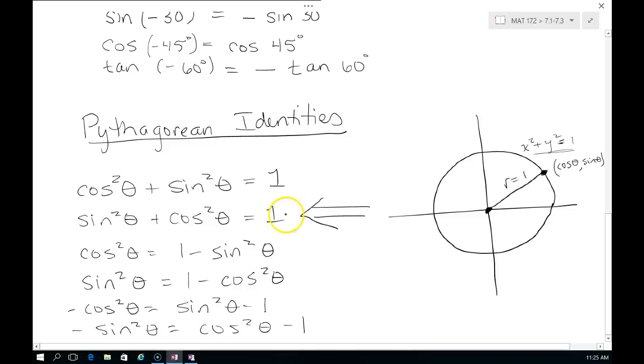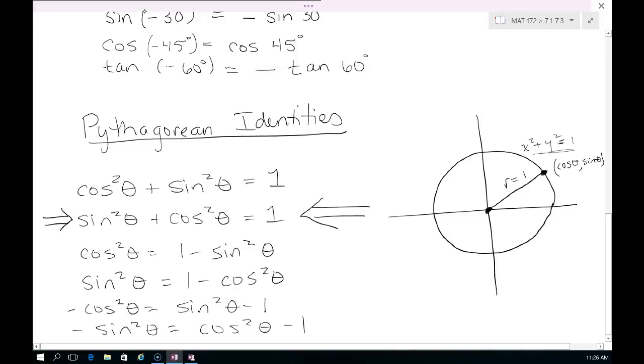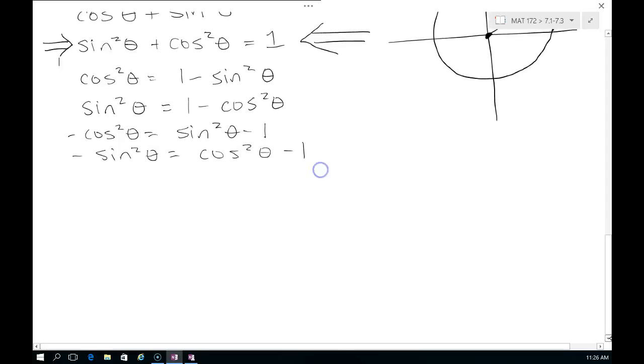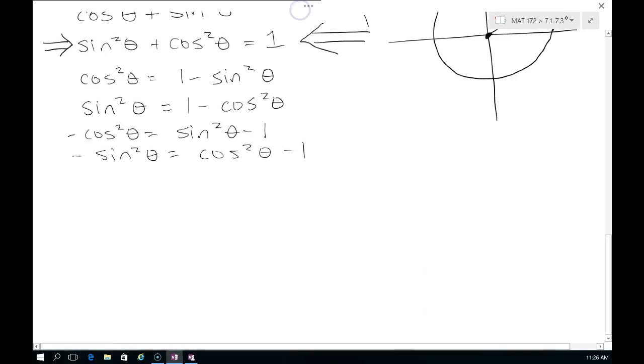So if we know just that one, there are two other Pythagorean identities that use our other trig functions, and we can create those other two trig identities just from that one. And we just have to do some creative division, sorry, some division. So what I'm going to do for Pythagorean identity number 2, we're going to call this number 1. This is our most basic.